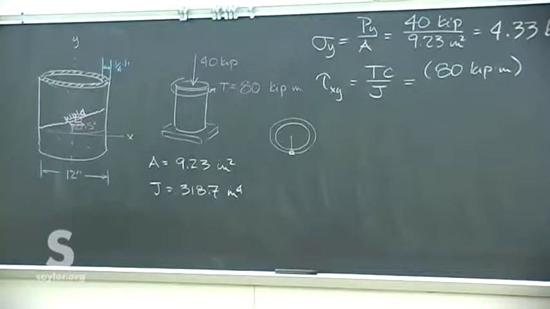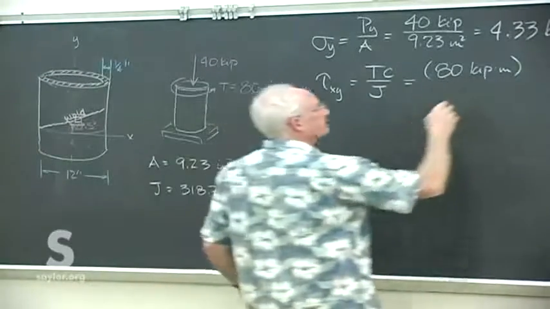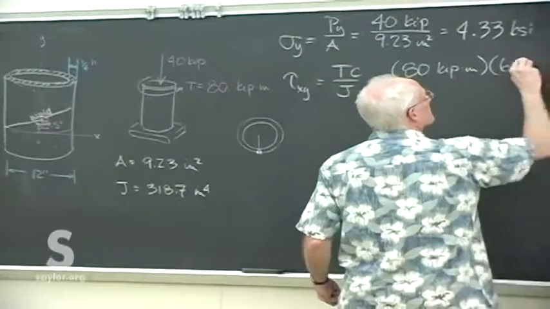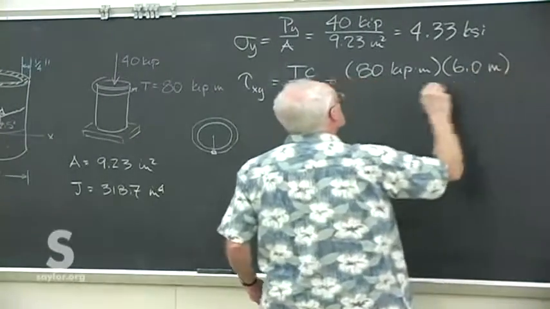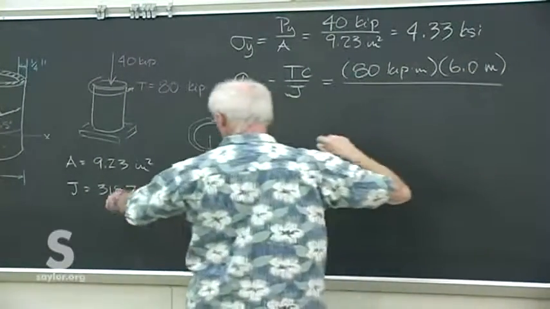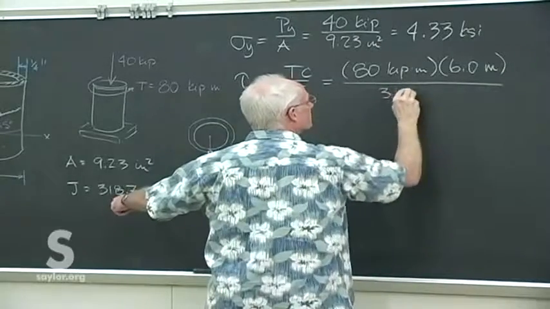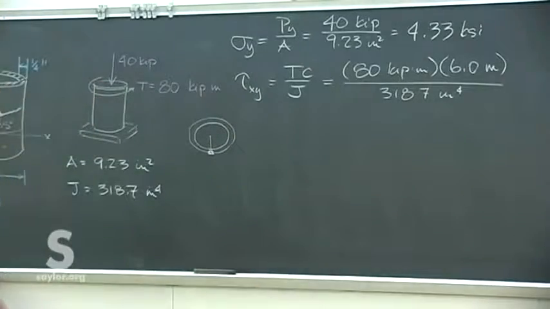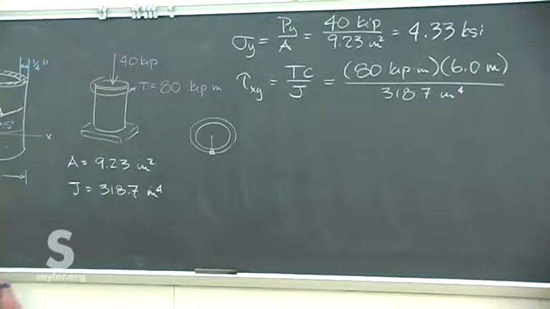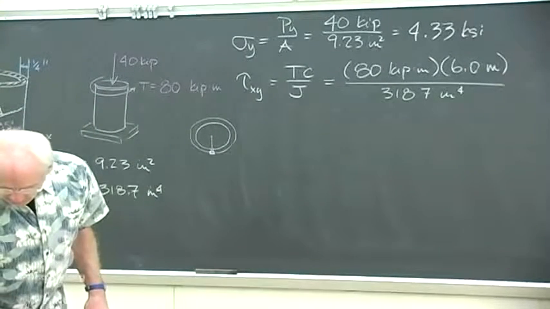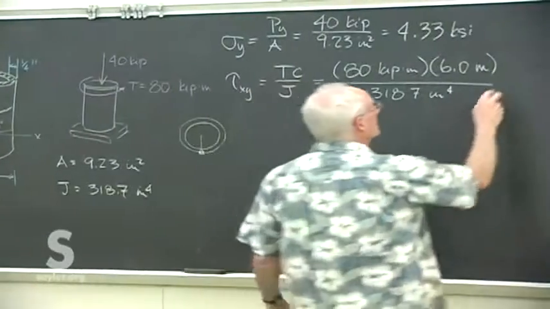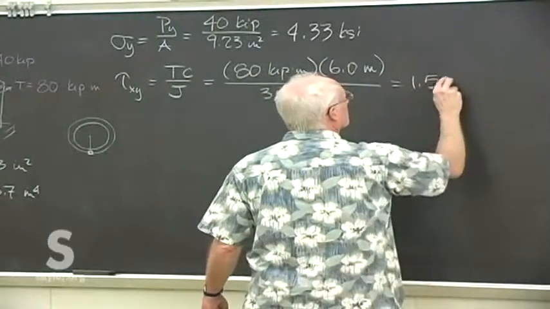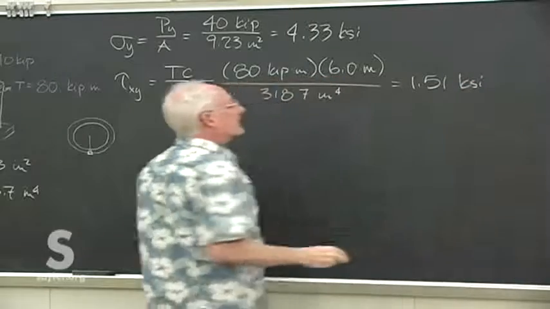Remember, that's where the shear stresses are the greatest. So this is 6.0 inches, and J is 318.7 inches to the fourth. Gives us kips per square inch, KSI, just like what we want, and that's 1.51 KSI.